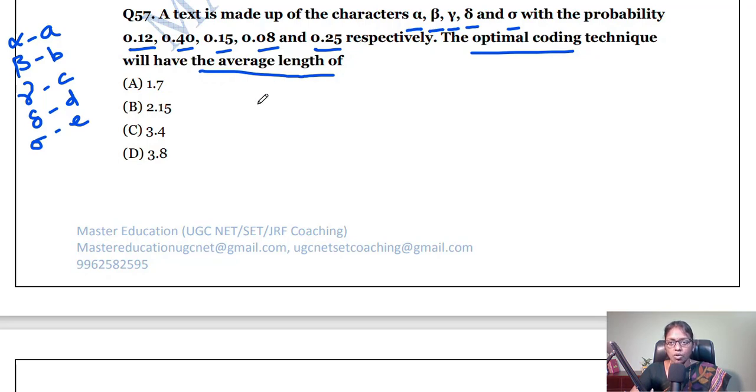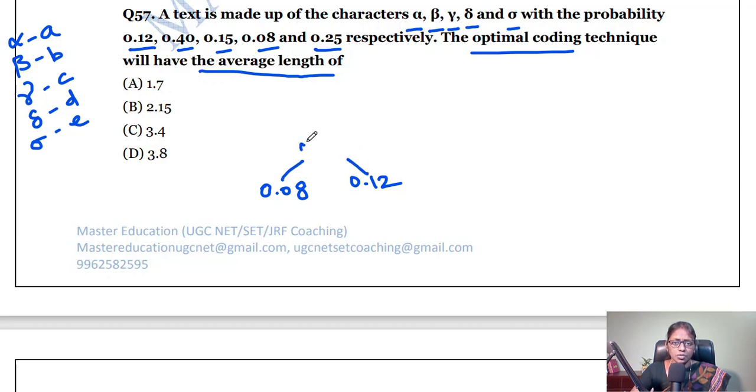To find the optimal coding length, first take the two minimum values. The minimum is 0.08, and the next value is 0.12.